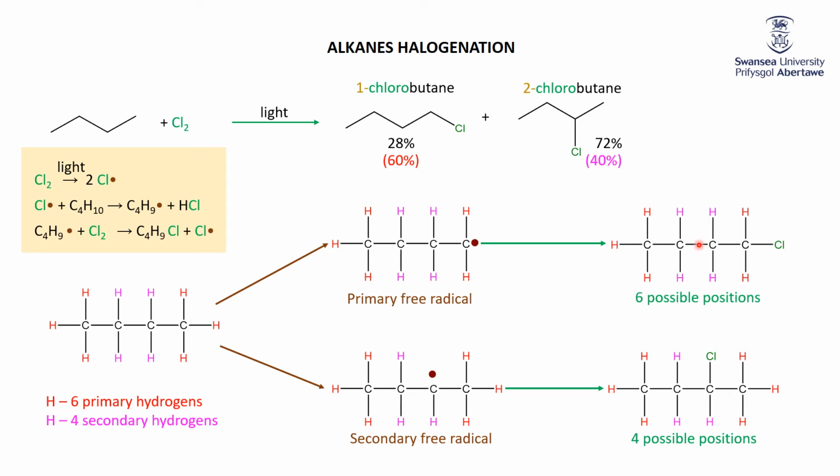You make the 2-chloro or the 1-chloro from the free radical, either the secondary or the primary free radical, and whichever free radical is better is going to be more likely to be made and thus react. So what we can say from this observation is that the secondary free radical must be much more stable than the primary free radical, because we end up making more of the secondary product than we otherwise would expect.